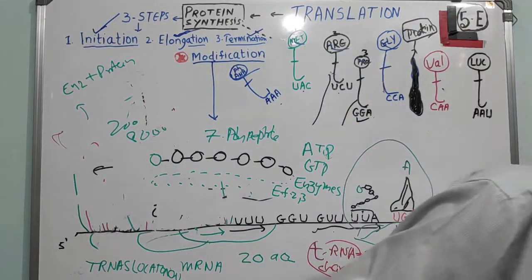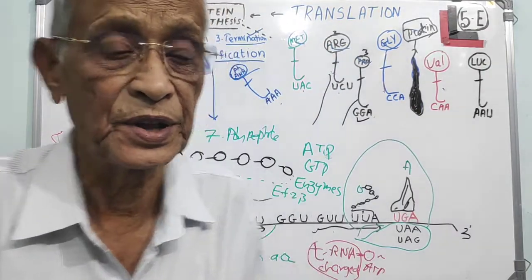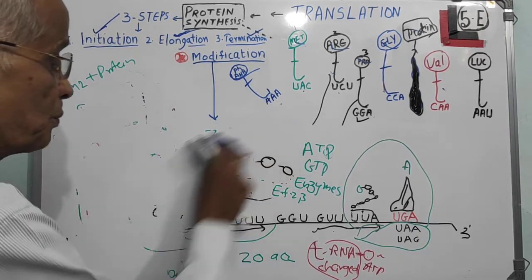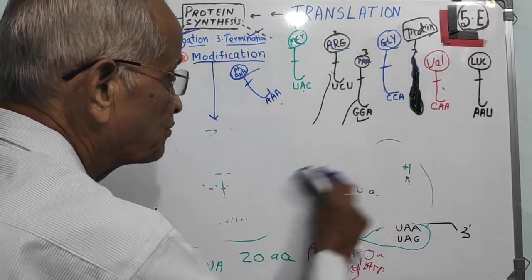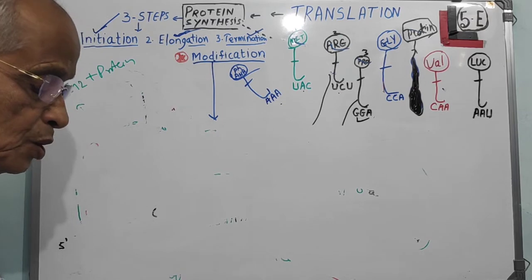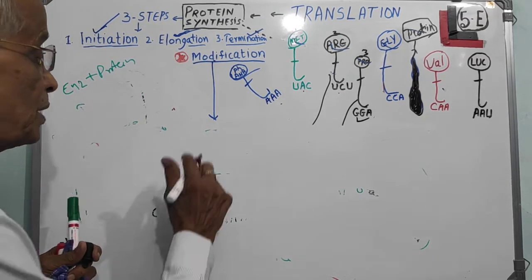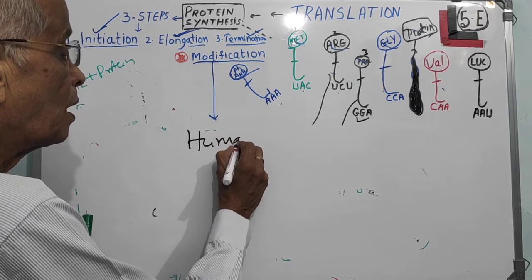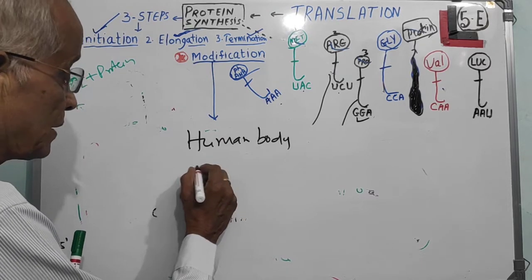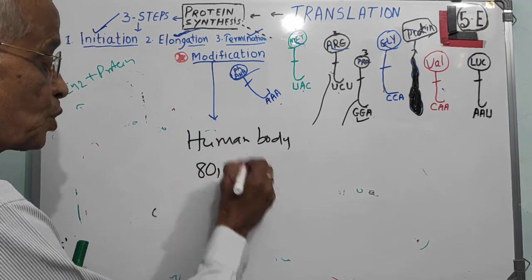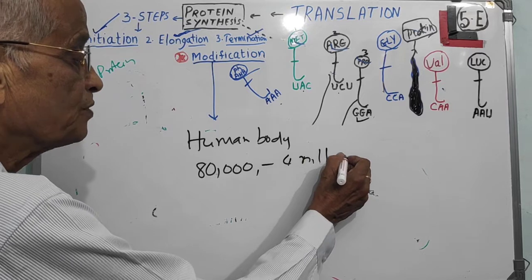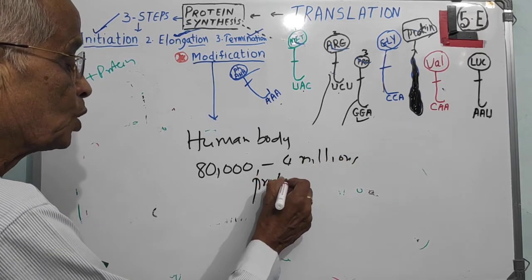Well, I am not a biochemist, nor a cytogeneticist or anything of that sort, so I will not be able to tell you much on the modification part, except to tell you only one piece of information, that is, the scientists have estimated that the human body cell may have more than 80,000 types of proteins. 80,000 to maybe 4 million types of proteins are possible in the human body.